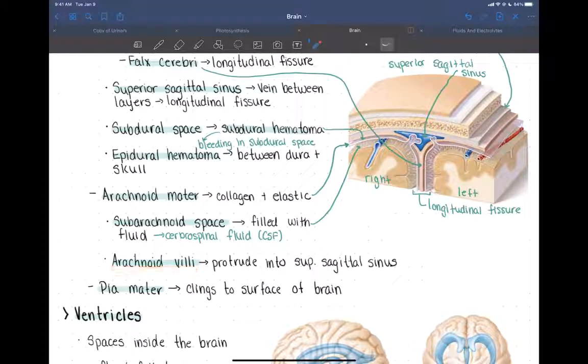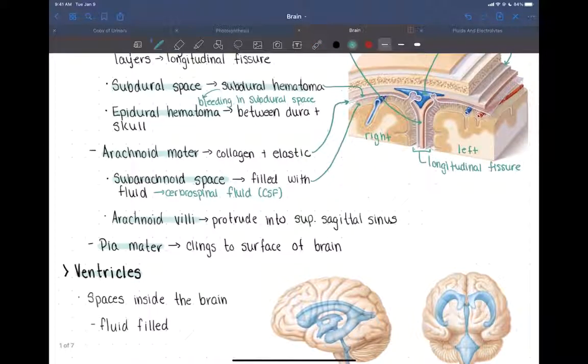And the function of these villi is to help drain that CSF. So that CSF travels all around the brain, around the spinal cord, and it's eventually returned to the blood here by these arachnoid villi.